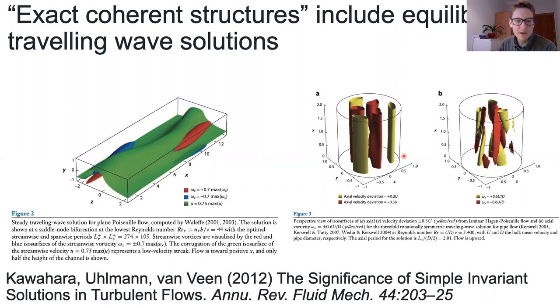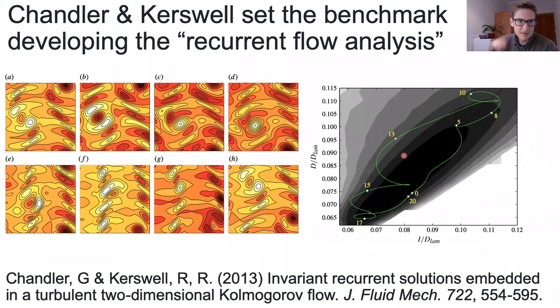Moving on from Kawahara and Kida, the next benchmark result in this area was in 2013, when Rich Kerswell and Gary Chandler published a paper showing how you can extract these unstable periodic orbits in some abundance.